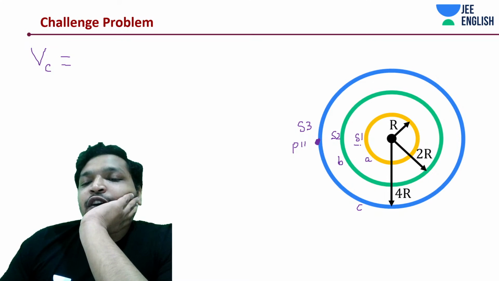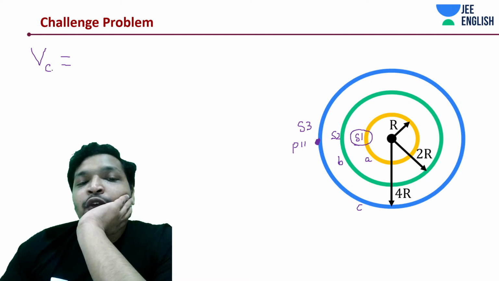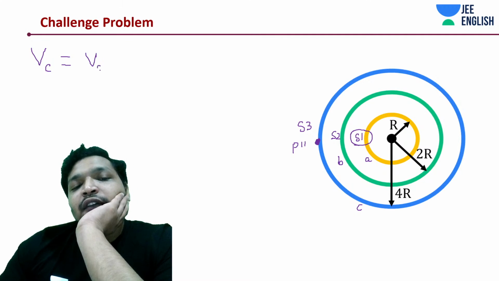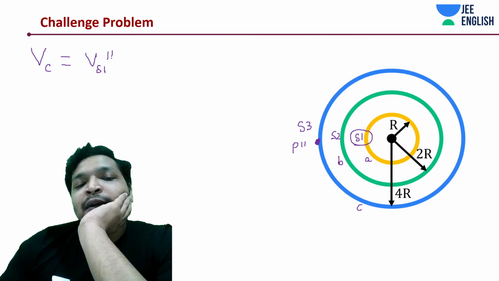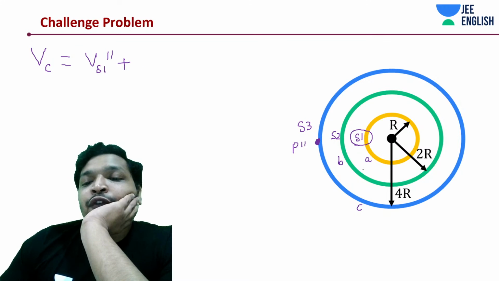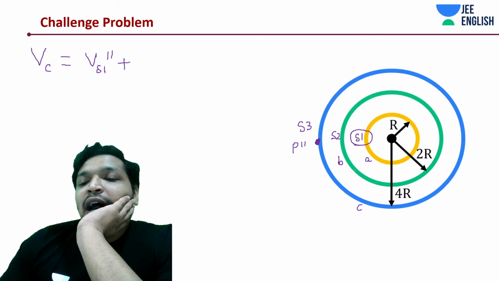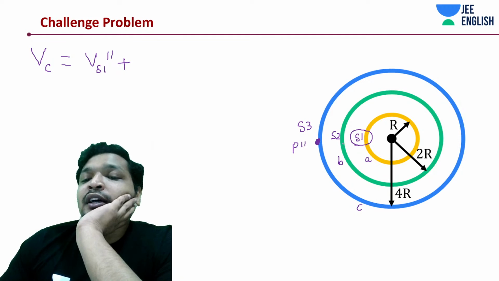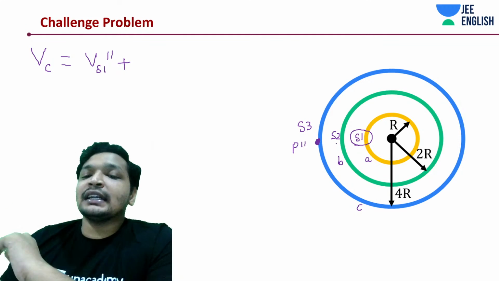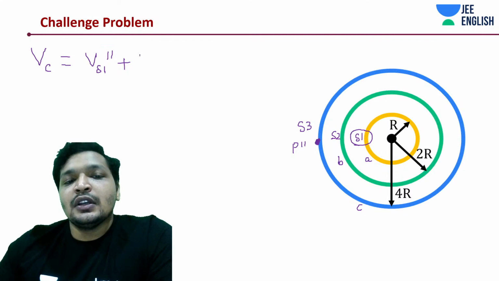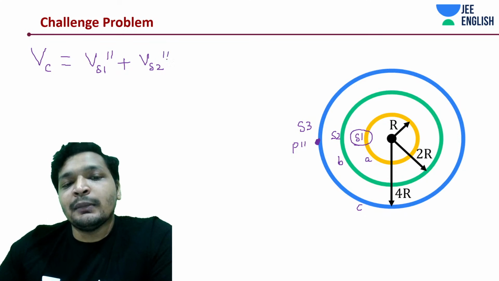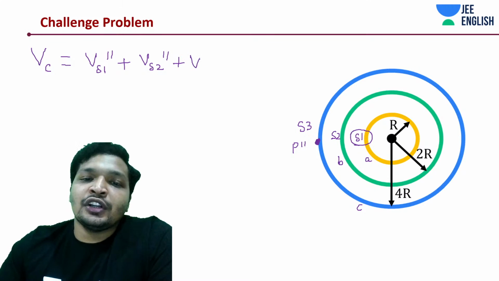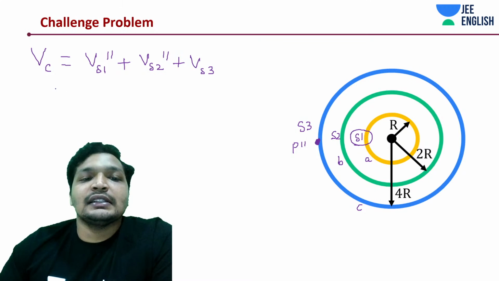One due to the effect of shell S1 at a distance 4R from it. So it's going to be BS1 double dash this time. It is like 4R distance away from the center. And now for S2, it's a point outside that shell at a distance 4R again. So this is going to be 4S2 double dash. And potential on surface S3 is going to remain as it is.